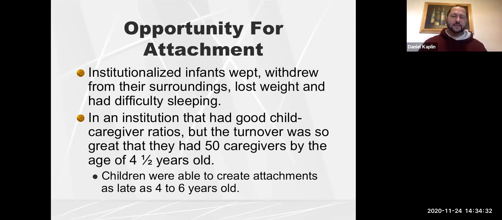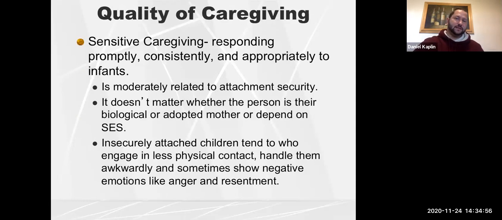And if an institution had great child-caregiver ratios, it's possible that even with great ratios, turnover was a problem. You could have 50 caregivers by the time they're 4 or 4.5. So that creates a challenge for attachment, but we know that they still have a window of time till about 6.